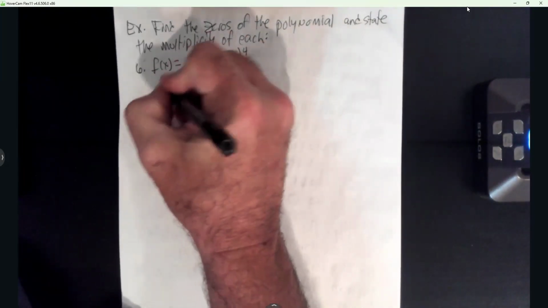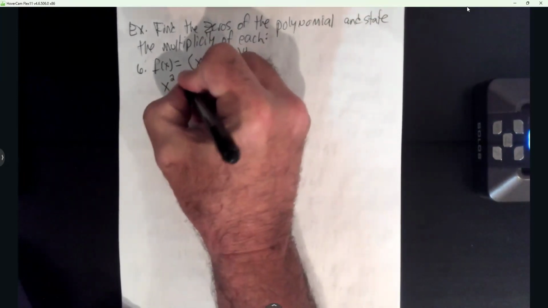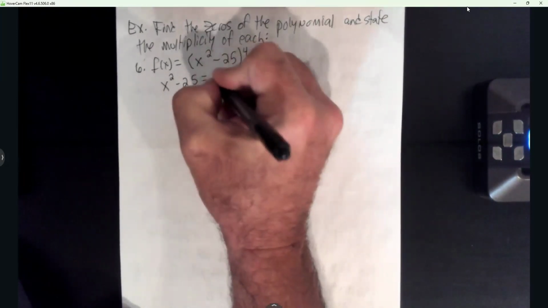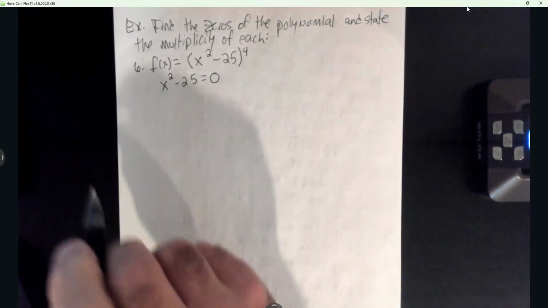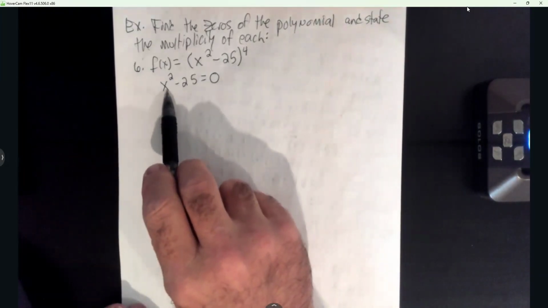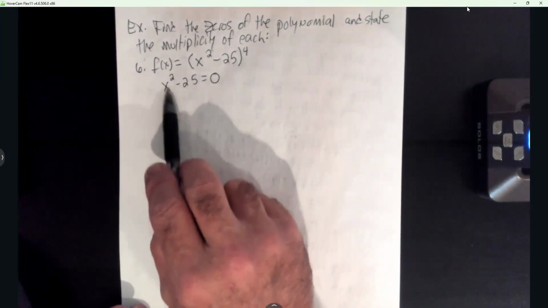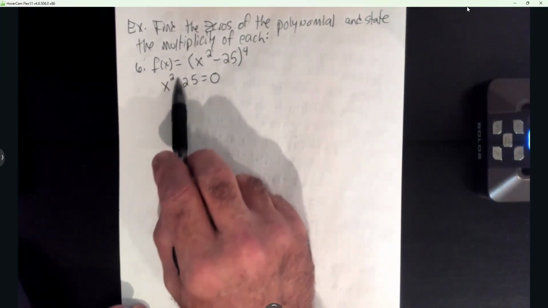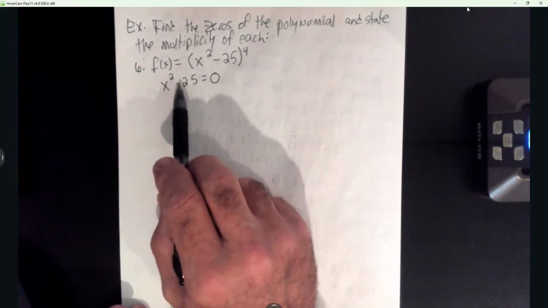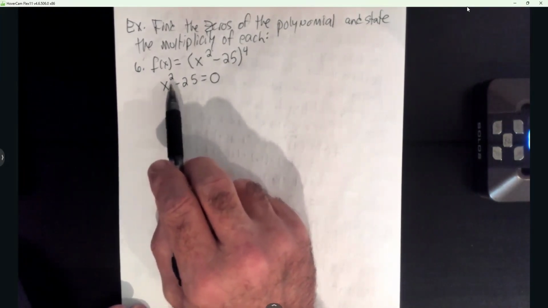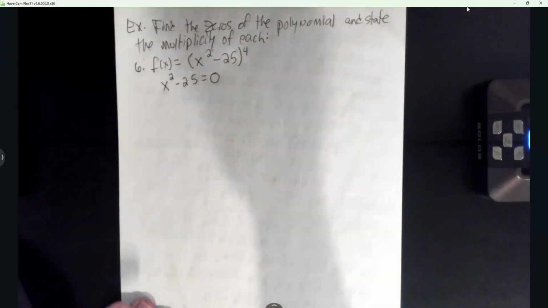We're going to set x squared minus 25 equal to 0. Now, y'all, if you remember back when I had the quadratic stuff, this is one of those quadratic equations that does not have the x term. So since I don't have the x term, I'm going to solve this by getting the x squared by itself and doing a square root.